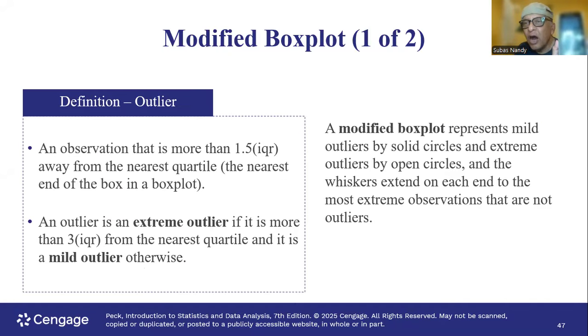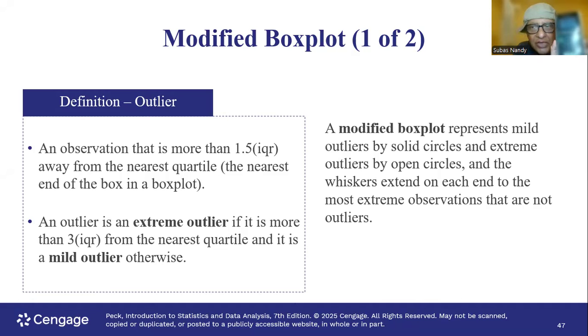So what is an outlier? There is a formal definition for an outlier. An observation that is more than 1.5 times IQR away from the nearest quartile. Now, what is IQR? The full name for IQR is interquartile range.